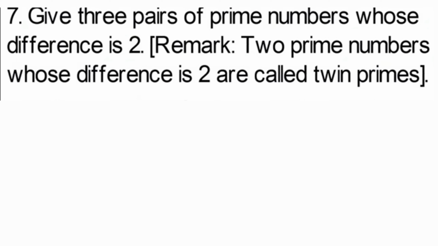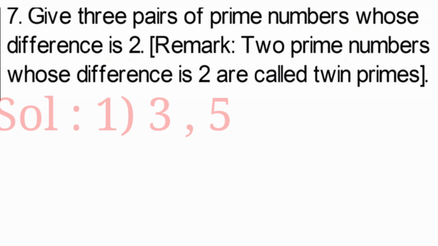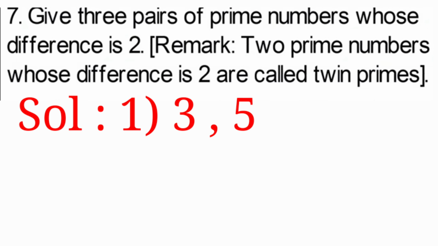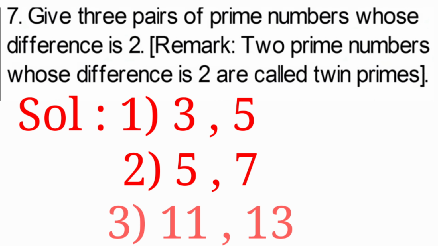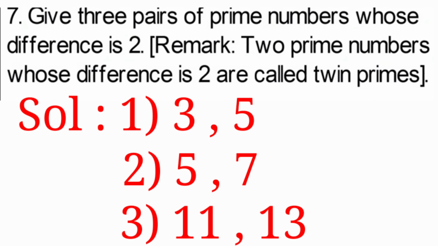Although we can write many pairs, according to the question you just write down any 3 pairs. So first I am going to write 3 and 5. Yes, 5 and 7. And the last I am going to write 11 and 13. Students, many more are there, but here I am going to write only 3, because according to the question only 3 pairs are asked. Understood, students?